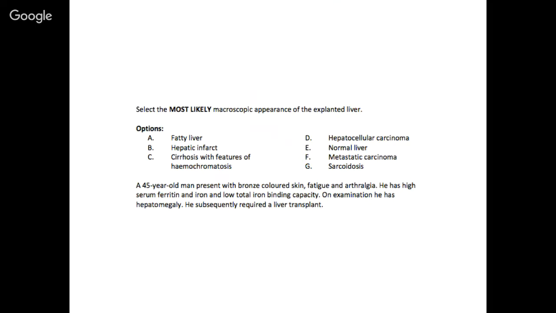All right, someone tell me the answer, and also someone tell me the flaw in this question for bonus marks. Right, answer? Yeah, cirrhosis with features of hemochromatosis.